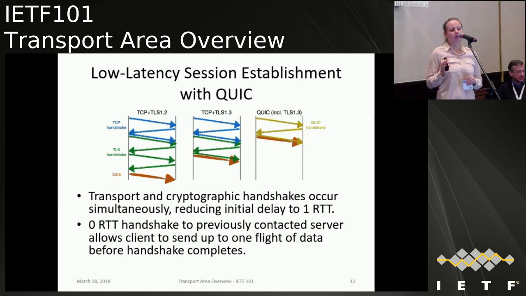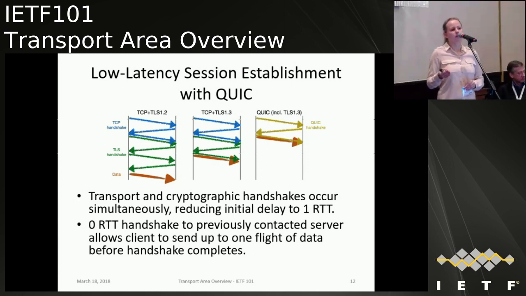Besides head of line blocking, one other big difference for performance is that it actually reduces latency. And with TLS, you already have a quicker handshake. You have something called session resumption or zero RTT, which means if you have talked to the server previously, you can rejoin your session and send encrypted data from the beginning, without waiting for the completion of the handshake.